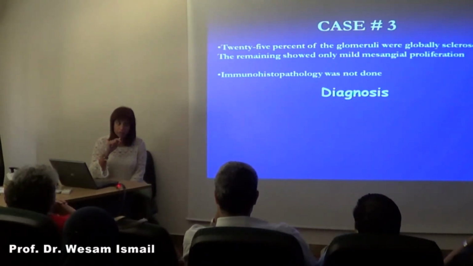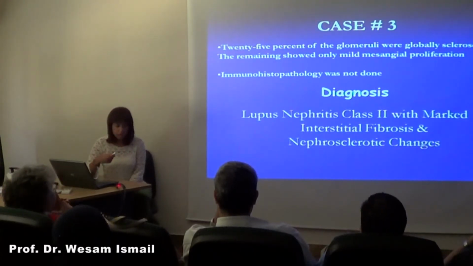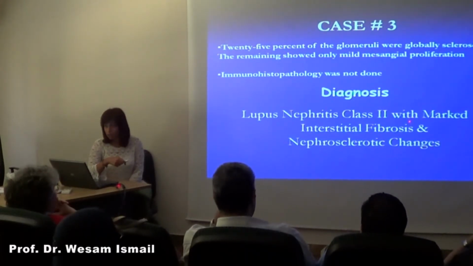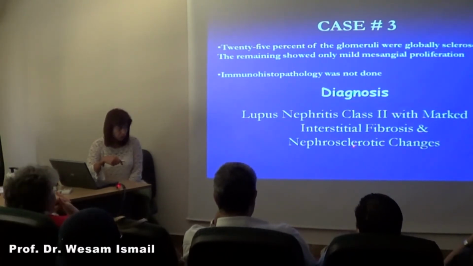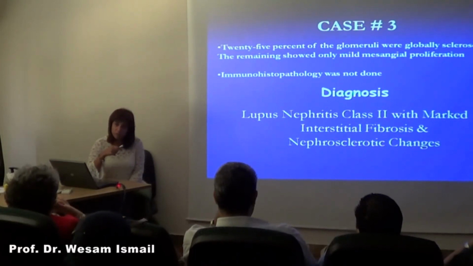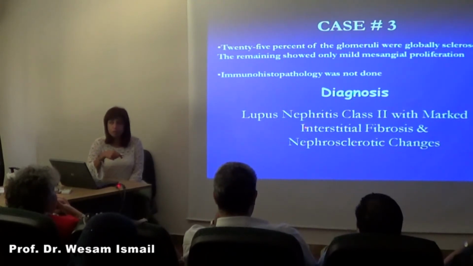And if you look at the diagnostic line with the class, and your pathologist does not write to you in the second line that this patient has marked interstitial fibrosis and nephrosclerotic changes, then you're going to continue to manage this as class 2. So always bear in mind that lupus classification is glomerular. And this is not the basis on which we manage our patients later on, especially chronic patients.